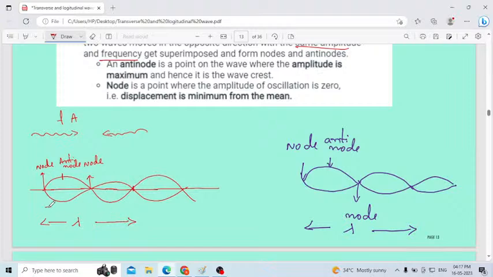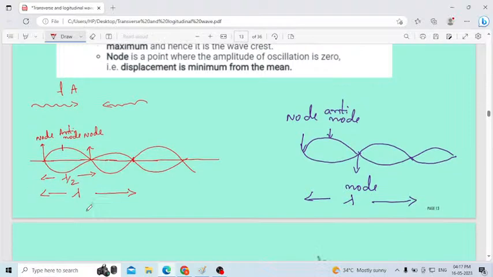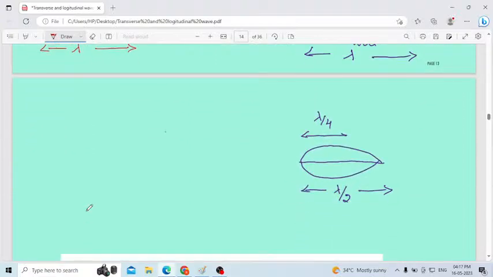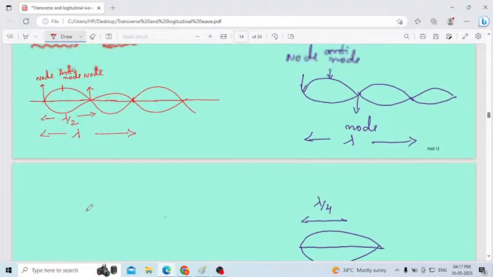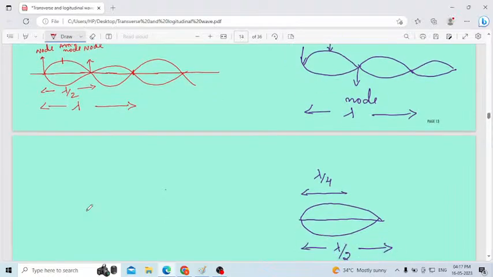Then the distance from here to here is lambda by 2. The distance between two nodes is lambda by 2, likewise between two antinodes is lambda by 2. Here they are asking for the distance between only one node and antinode.